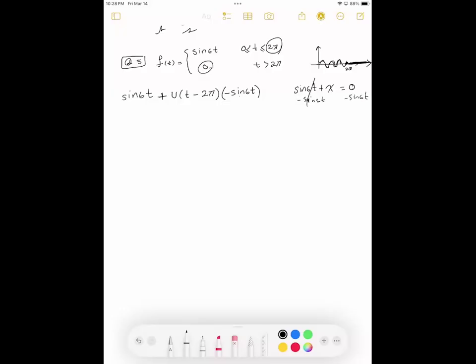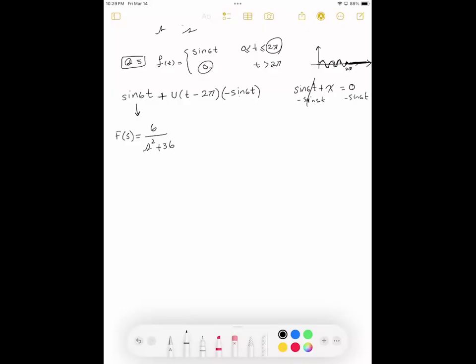So now we are going to use the table to find the Laplace transform of sine of 6t, which is equal to 6 over s squared plus 36.